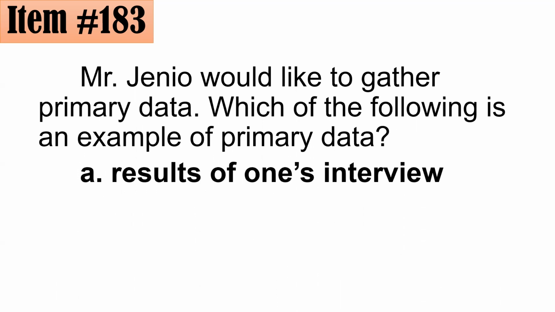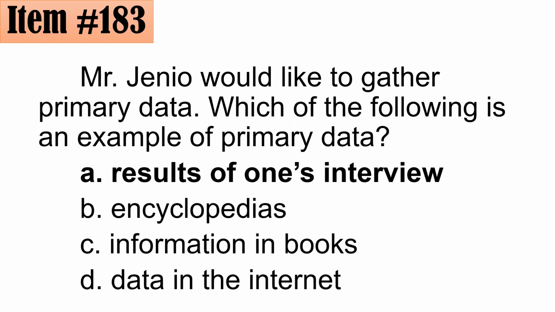When we speak about primary data, it is first-hand information. It is the type of data that the researcher collected himself or herself. And primary data are not published in books or in various newspapers or magazines. In fact, B, C, and D are examples of what we call secondary data.